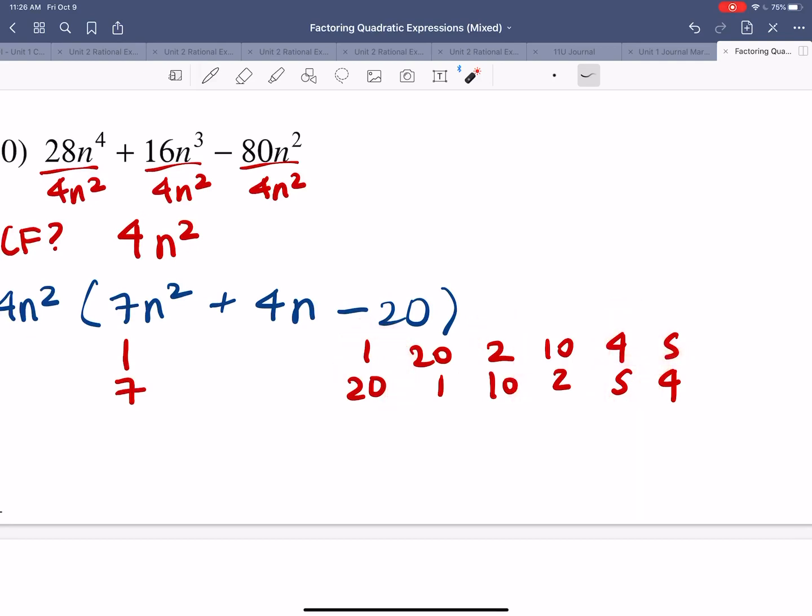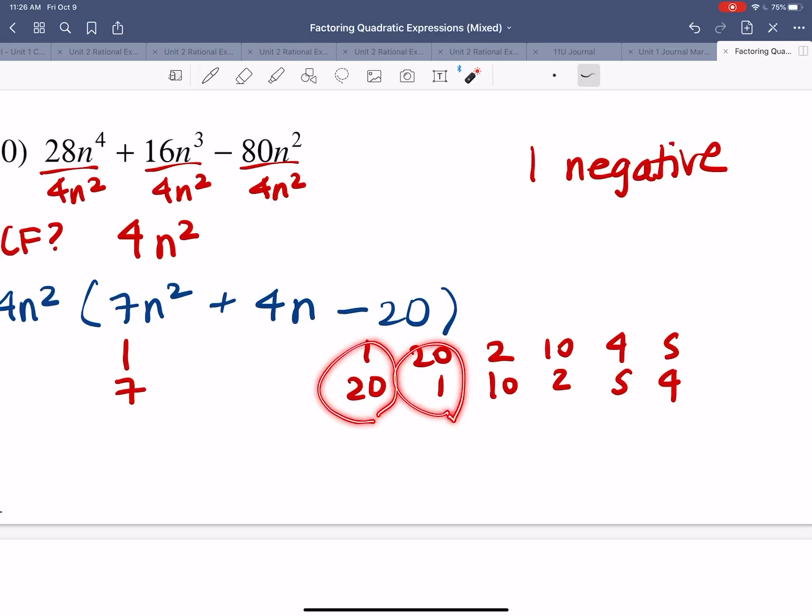Unlike the previous question, for this question I'm noticing that I have to multiply to a negative while adding to a positive. This means I have one negative, so that one of these numbers is going to have a negative. I'm not sure where, but we have to think through that. Somehow I have to add to a 4, so I'm probably not going to involve the larger factors.